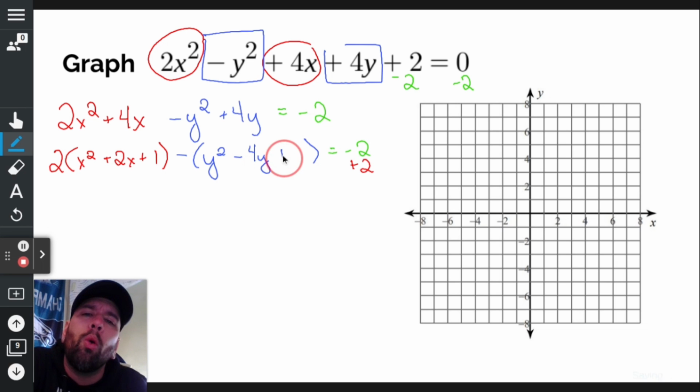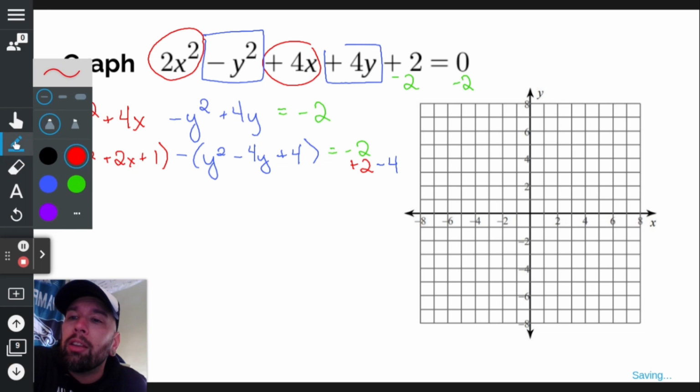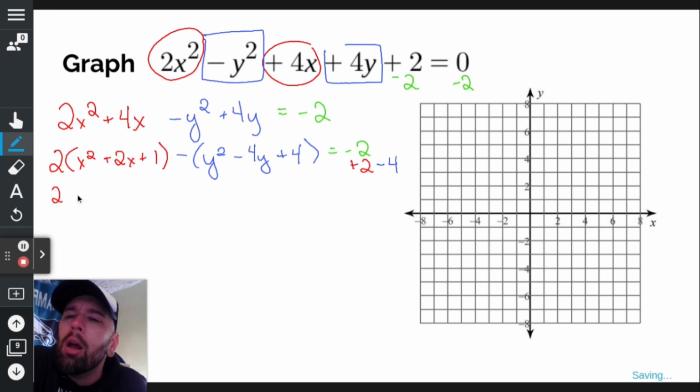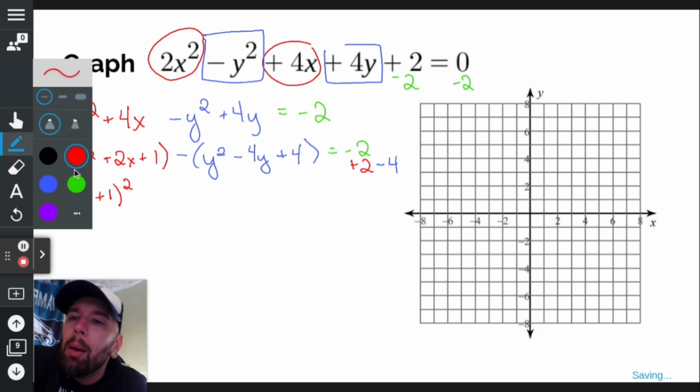Square that, which is 4, and add that in here. What I just did is I added a negative 4 to the left, and if I add a negative 4 to the left, I have to add it to the right as well. So that's what this leaves us, two parentheses. Ooh, that factors out. x plus 1 squared. Oh, minus.